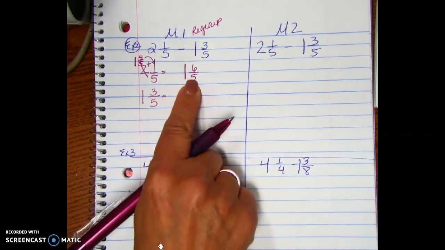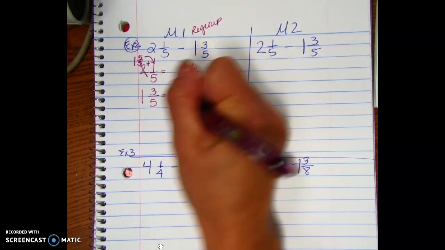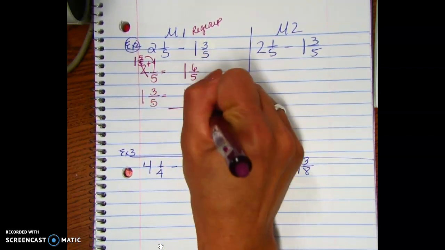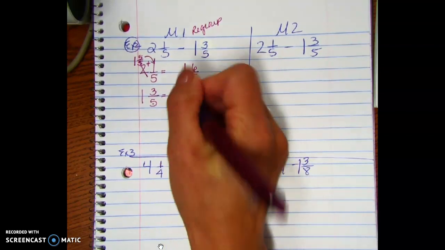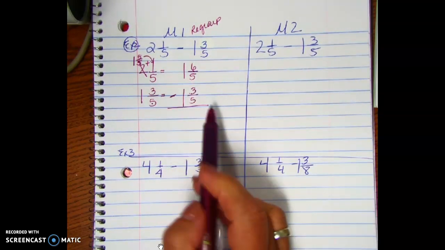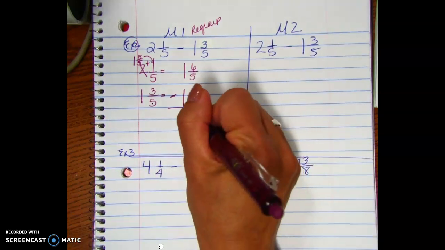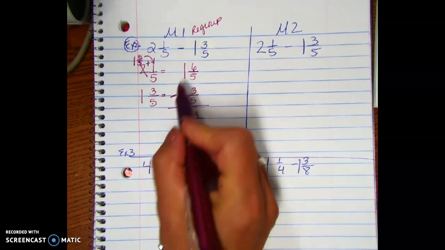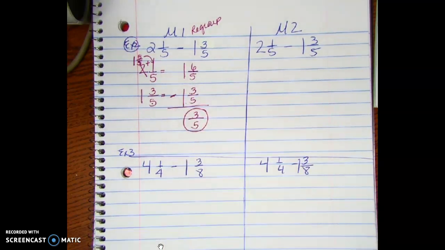This just makes it easier for me to subtract, because now when I put my second number here, I can see that I can take 3 from 6. So I do my subtraction working from right to left. 6 minus 3 is 3. Keep my common denominator. 1 minus 1, oh look, and that's my answer.